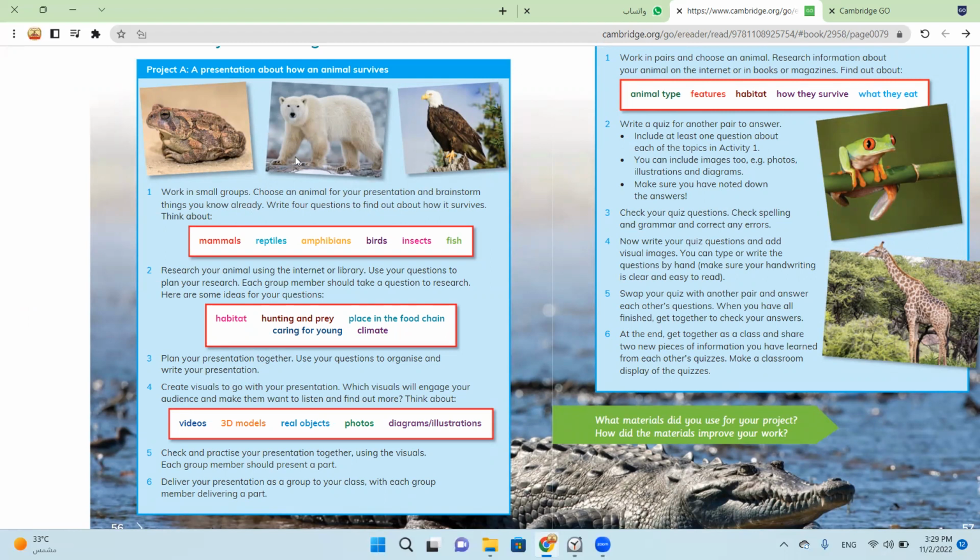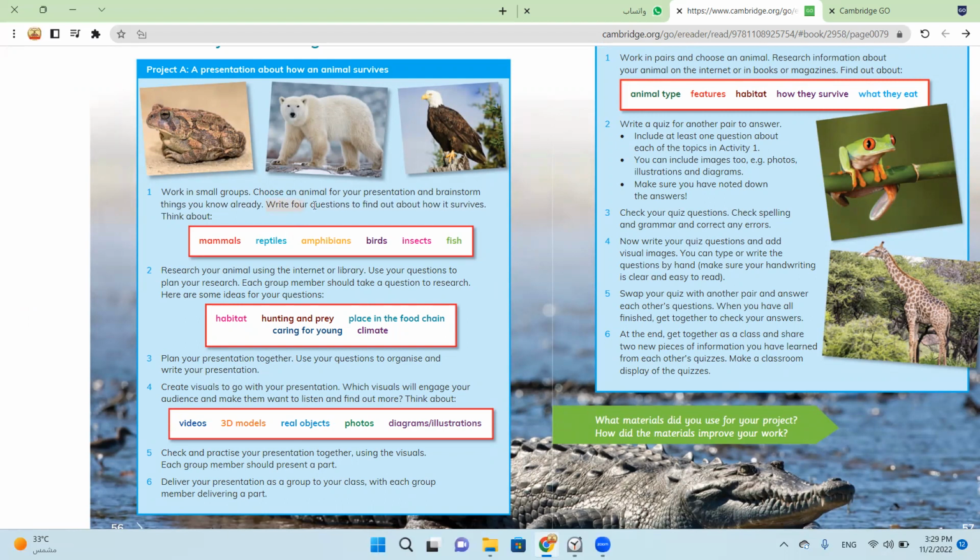Okay, example, you already know that bears, or polar bears, they live in the coldest places. They eat seals. They are predators. And other information that you can find in the book or after you do step number 2.